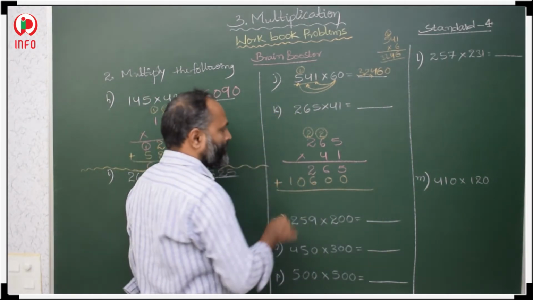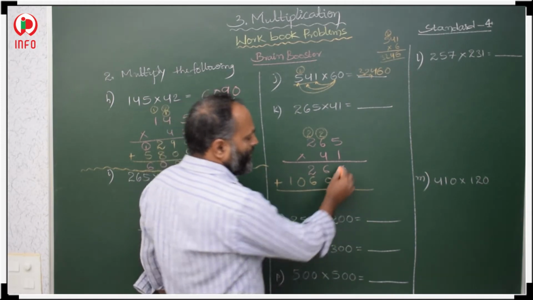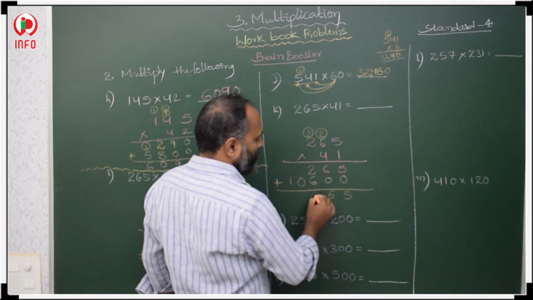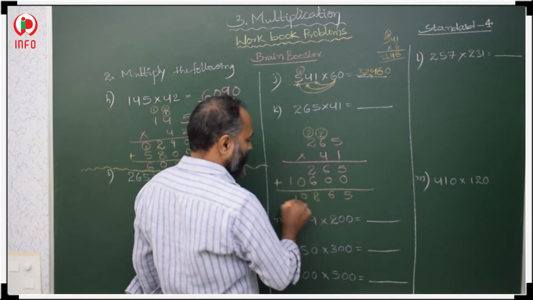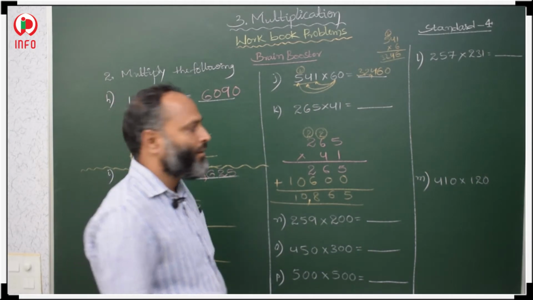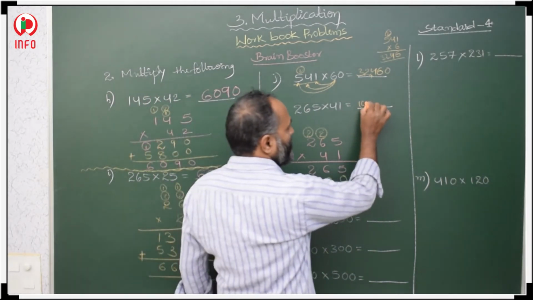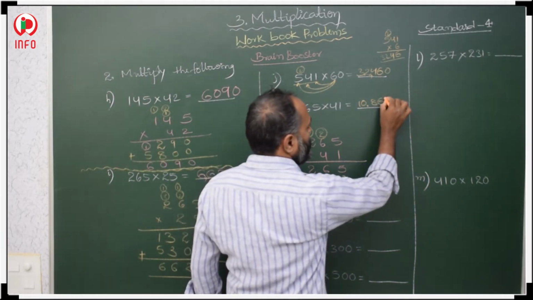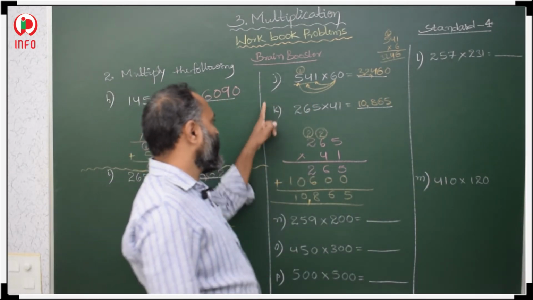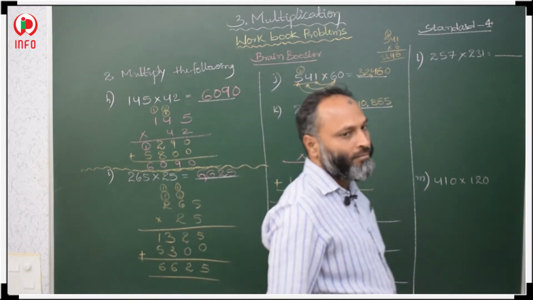Then add. 5 plus 0, 5. 6 plus 0, 6. 2 plus 6, 8. 0 and 1. It is 10,865. What is your answer? 10,865.